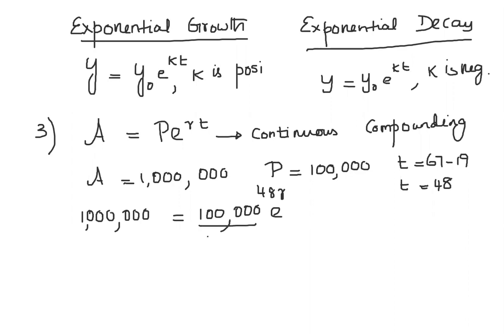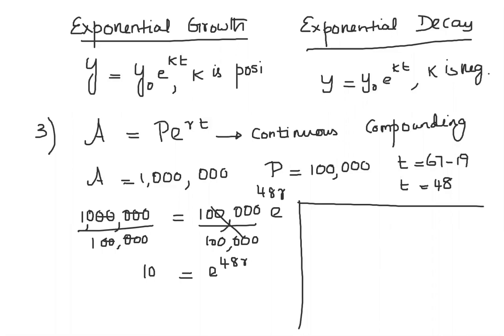So when you divide both sides, we cancel the zeros, we get 10 equals e to the power 48r. So we have to get the r. So take ln, because the base is e. Let's take ln both sides.